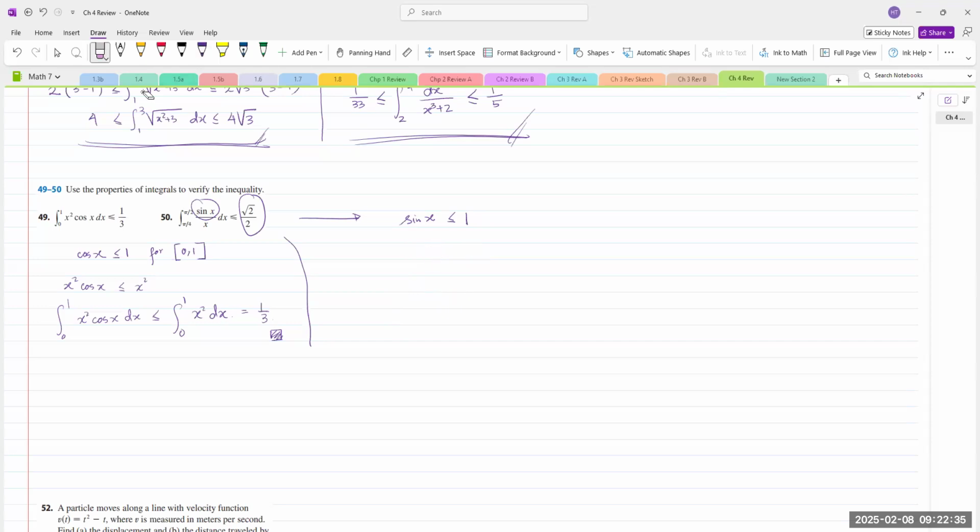Notice that for x between pi over 4 and pi over 2, oh, why this question turns out to be more difficult than what I thought.